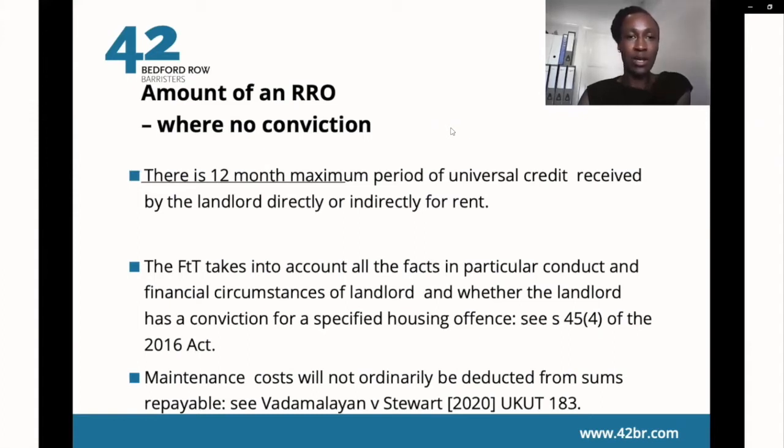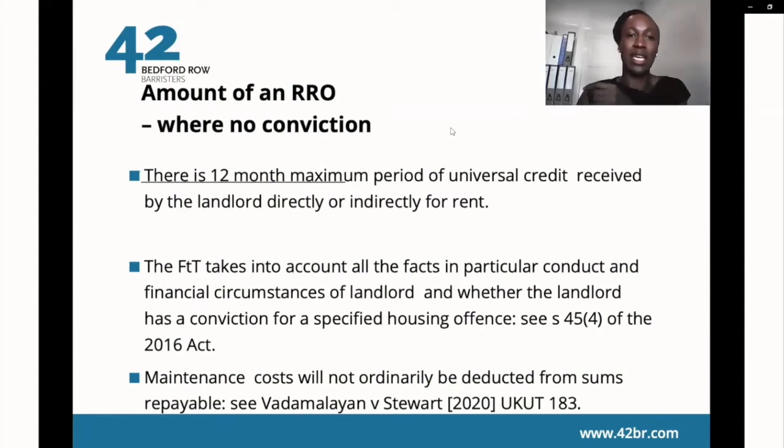So then the next thing is to look at the case of Lederman, and in particular the principles that were established there. In that case, the upper tribunal confirmed that any expenditure incurred by the landlord for maintaining the property would not be deducted from the overall award, as these were part of the landlord's obligations under the tenancy agreement.